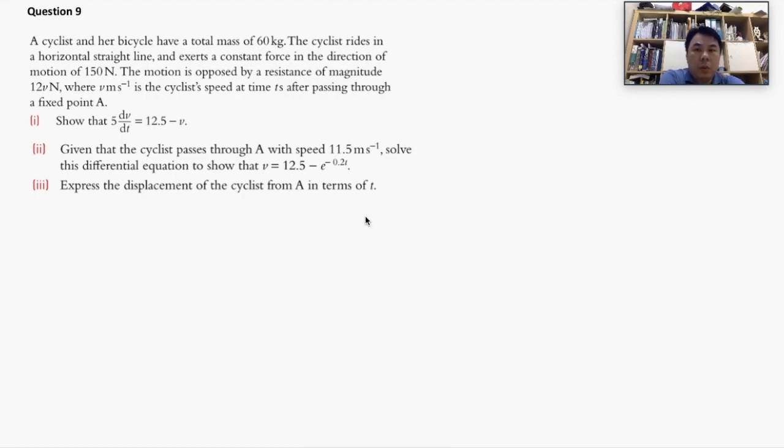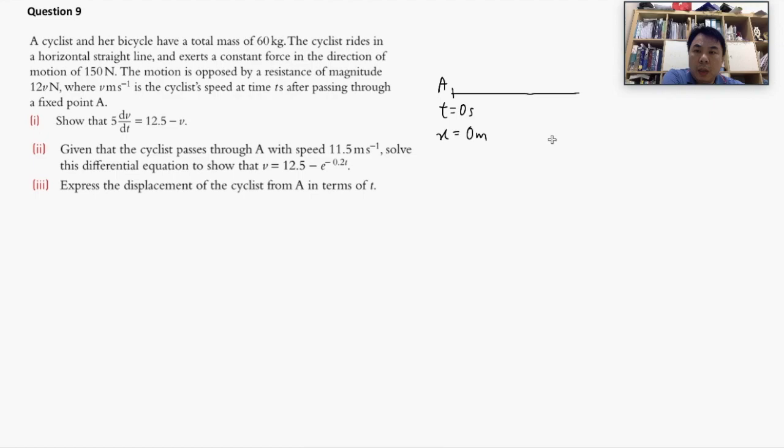The motion is opposed by a resistance of magnitude 12V, where v is in meters per second, the cyclist's speed at time t after passing through a fixed point. Let us illustrate that. It starts from passing through a fixed point A. At t equals 0, x should be equal to 0 meters.